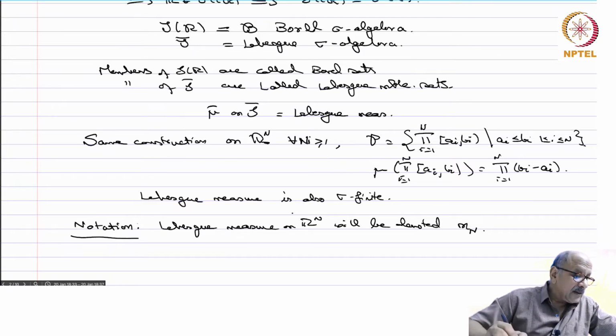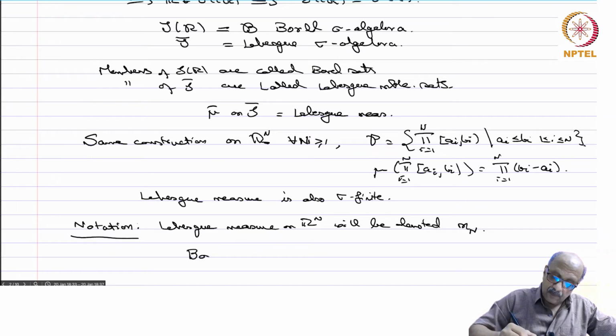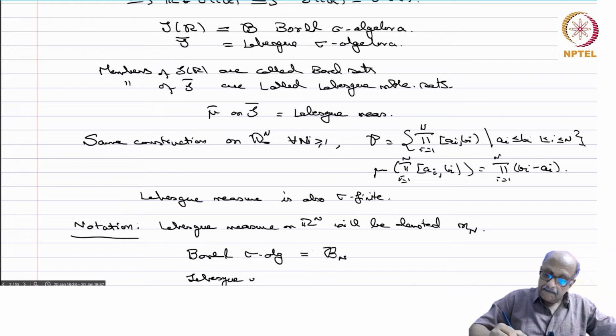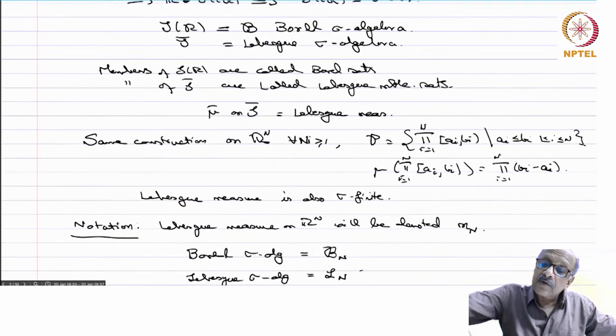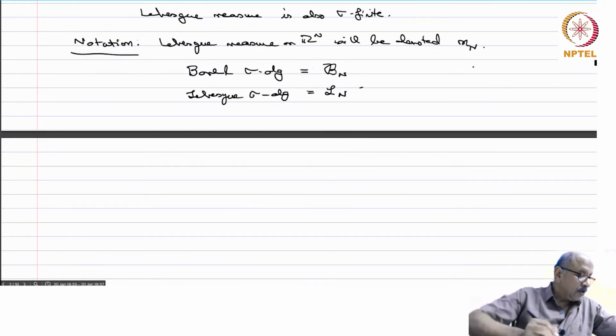Okay, and then the Borel sigma algebra, this notation is B_n, and the Lebesgue sigma algebra will be called L_n. Okay, so this is the notation which we will henceforth follow in this course.